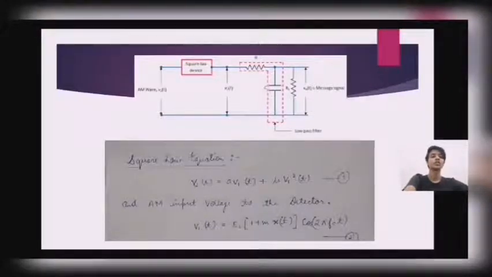The square law equation is V2(t) = aV1(t) + bV1²(t), and the AM input voltage to the detector is V1(t) = Ec[1 + m x(t)] cos 2πfct.